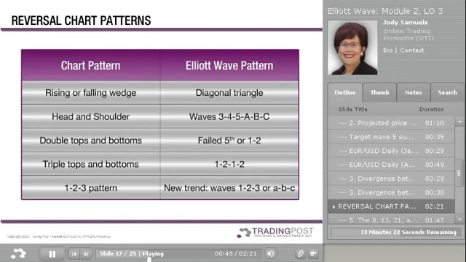This chart summarizes some of the classical chart patterns and what their equivalents would be using Elliott wave terminology. Let's take them one by one. The first reversal chart pattern is the rising and falling wedge, which in Elliott wave terminology is equivalent to diagonal triangles. The classic head and shoulders pattern is also a reversal pattern and shows up at the ends of moves.